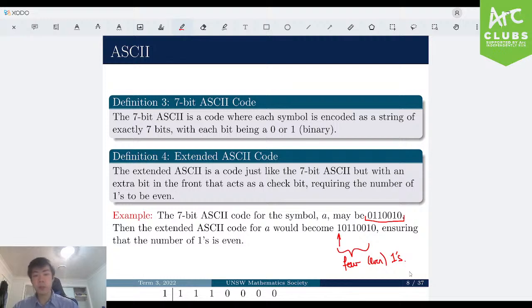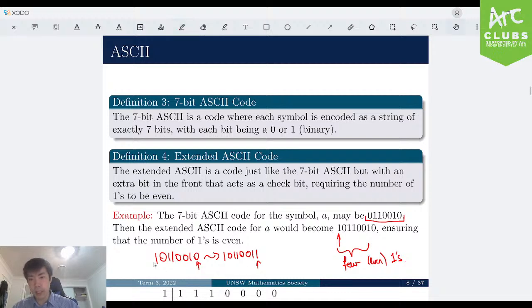Again, what's the benefit of this? Well, for example, let's say the 7-bit ASCII code for symbol A gets corrupted and becomes 0110011. So rather than having this last bit be a 0, it got corrupted into a 1. Having the extra bit in the front as a check bit helps us figure out that there's an error here.